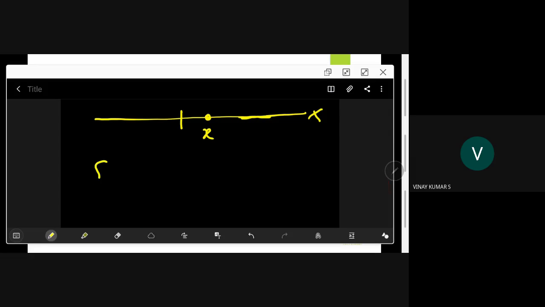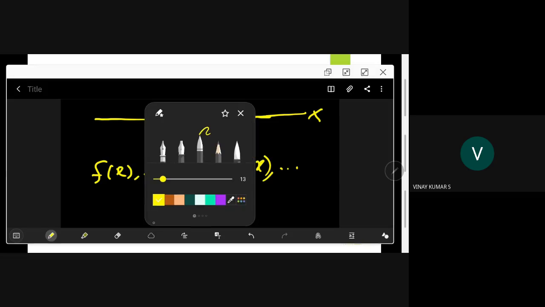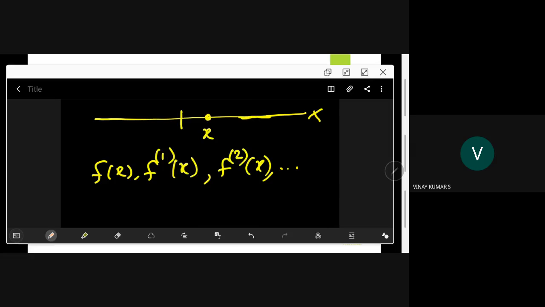We know what is f of x, we know the first derivative of f at x, the second derivative of f at x, like that any order derivative we know. That is the meaning of knowing everything about f at x.